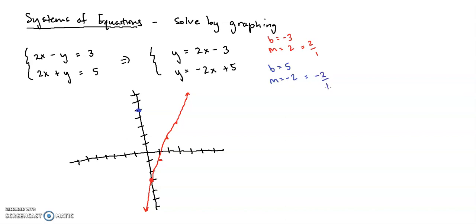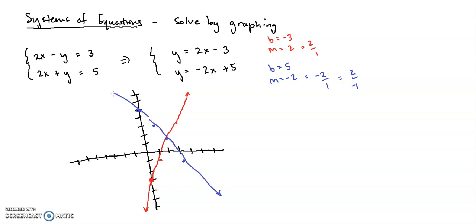So I can go down 2 right 1, or I can go up 2 left 1, depending on which direction I want to go to hit the other line. I want to hit the red line, so down 2 right 1 looks like it's going to hit it, so we'll do that. Down 2 right 1, down 2 right 1, down 2 right 1. So that gives us the other line.